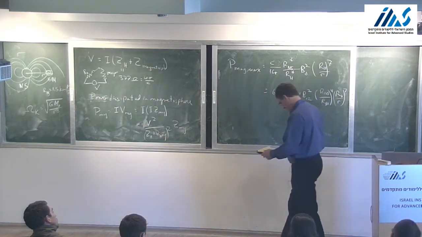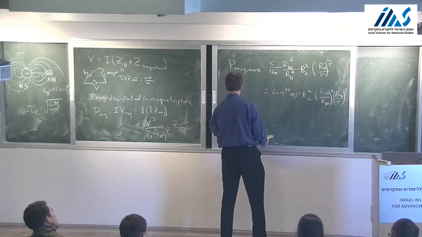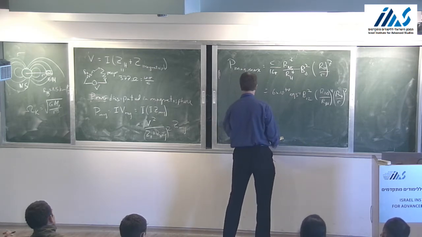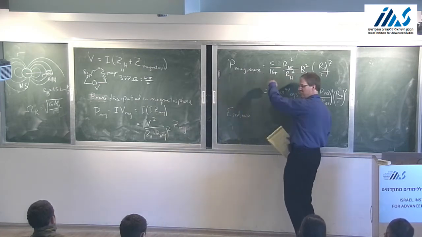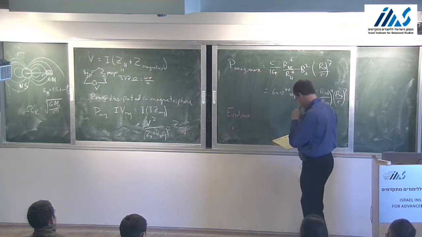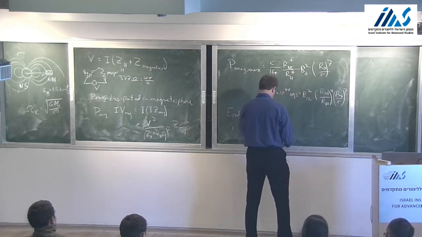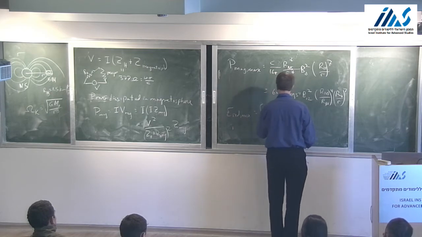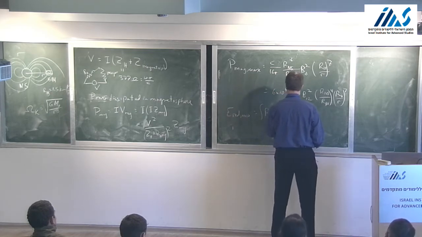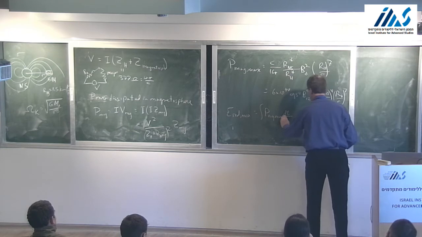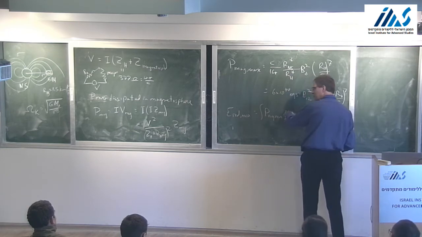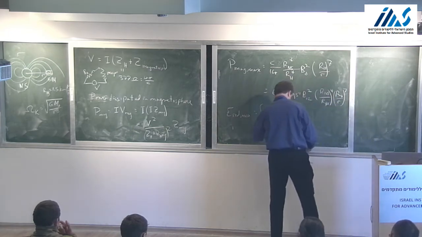So we'd like to know the total energy. So the total radiated energy, again, the maximum possible, assuming the magnetosphere is impedance matched to the black hole, is the integral of this magnetosphere max dt. And you can write this as dt dr and use the in-spiral formula to get the total energy.